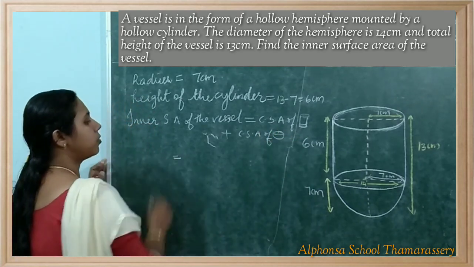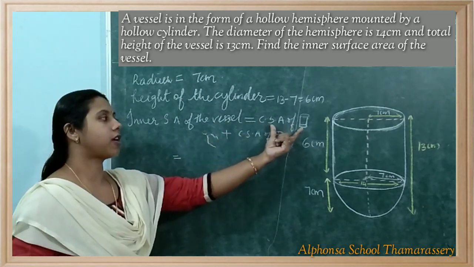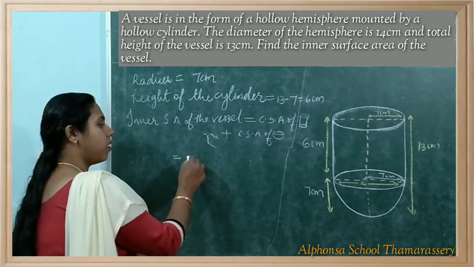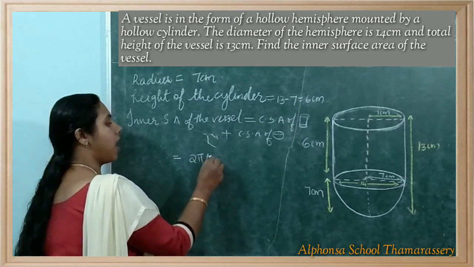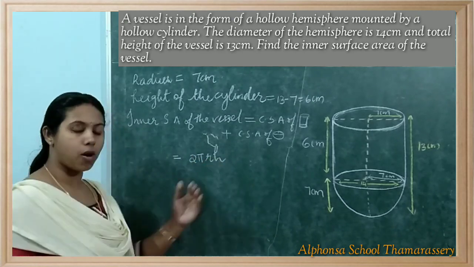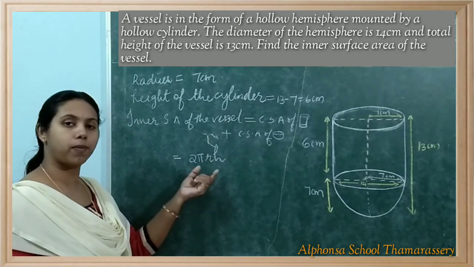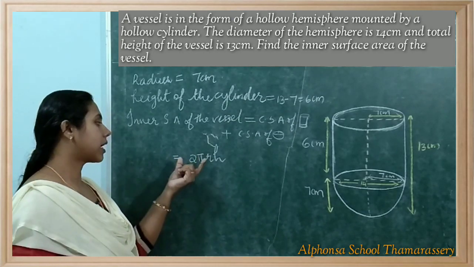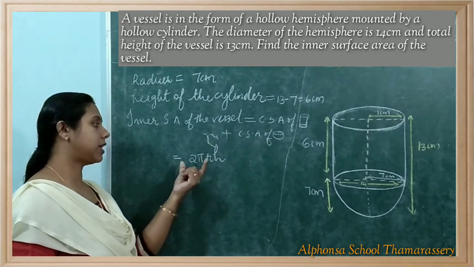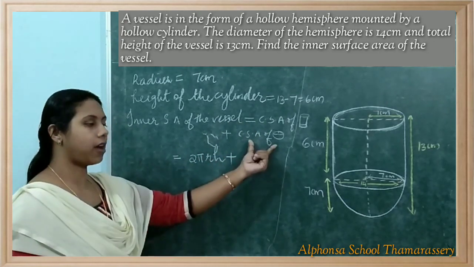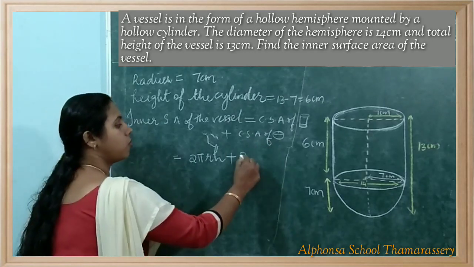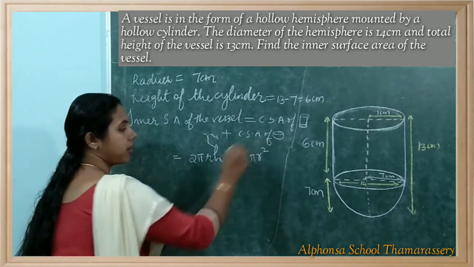That is equal to the curved surface area of the cylinder. You know, the curved surface area of a cylinder is 2 pi r h. If it is outer curved or inner curved, the formula will be the same. So the inner curved surface area of the cylinder is 2 pi r h plus the curved surface area of the hemisphere, that is 2 pi r square.